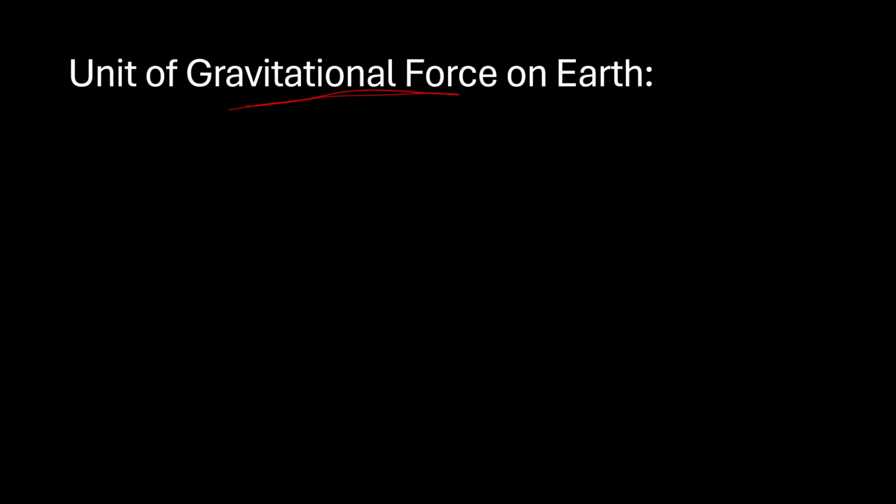But in gravitational force, the acceleration Earth gives to any body is 9.8 meter per second square. So we talk about the force required to give 9.8 meter per second square acceleration to any body of mass 1 kg, right? The force required to give that acceleration to a body of 1 kg is called the unit of that force, and we call it 1 kilogram force, right?